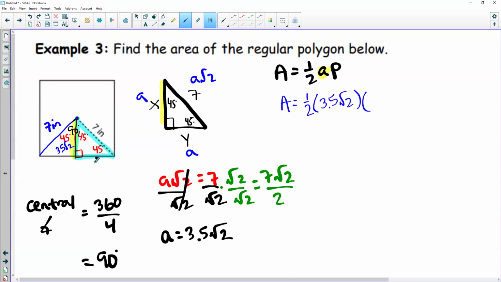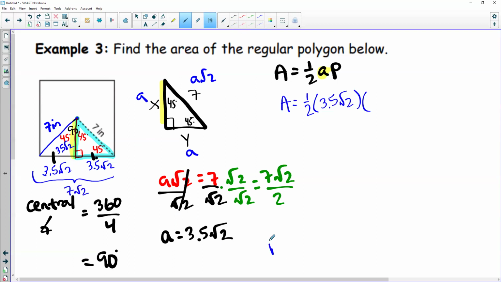I just need to find the perimeter now, which this is 3.5 root 2 for the bottom side of this blue triangle. And remember that the apothem not only bisects this angle, but it also bisects the bottom side of your polygon, making both of these 3.5 root 2. If both of these are 3.5 root 2, that would mean the entire side length here would be 3.5 root 2 plus 3.5 root 2, which gives me 7 root 2.